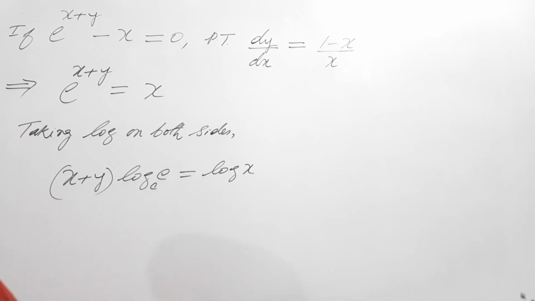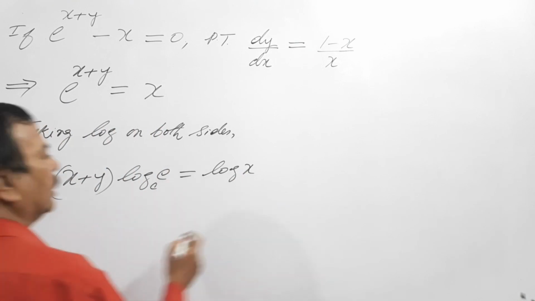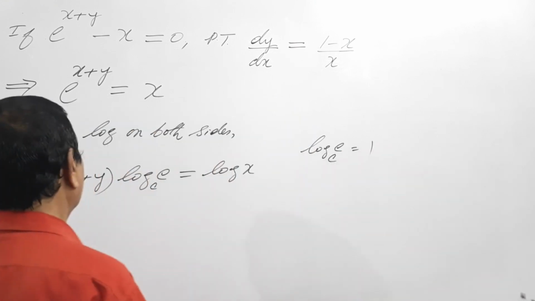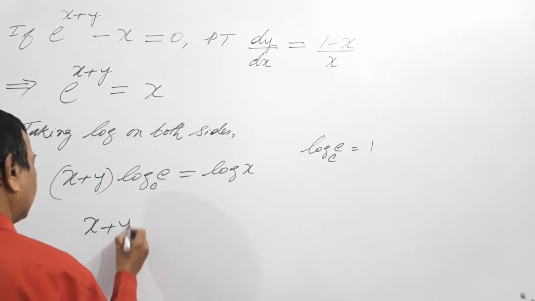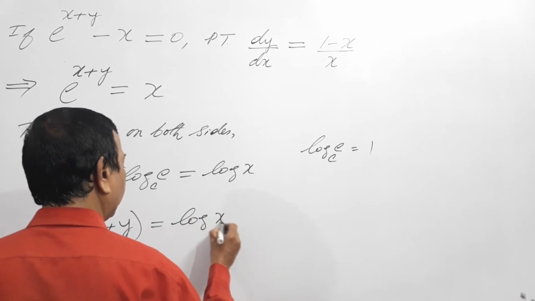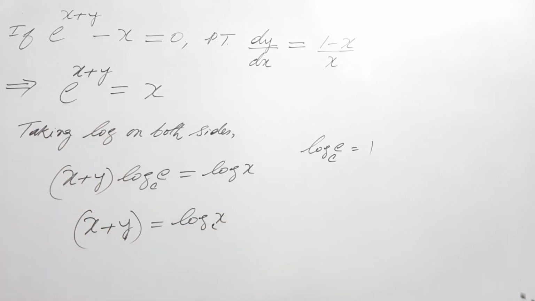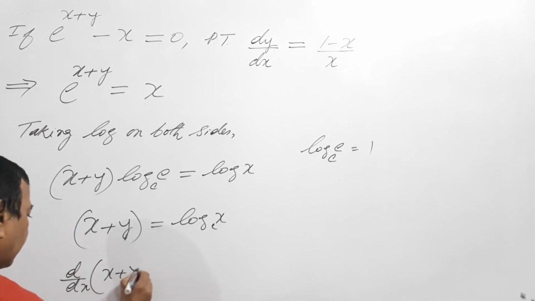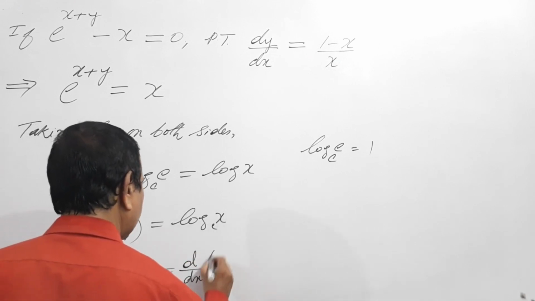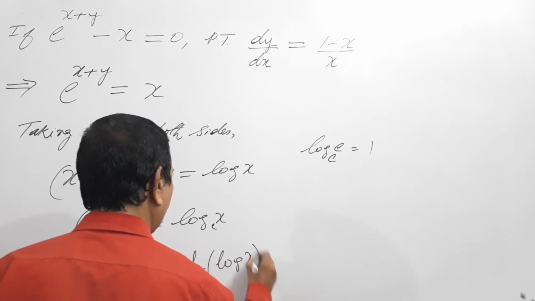We know that log e to base e equals 1. So this becomes x + y equals log x to base e. Now we differentiate this. So d by dx of (x + y) equals d by dx of log x.